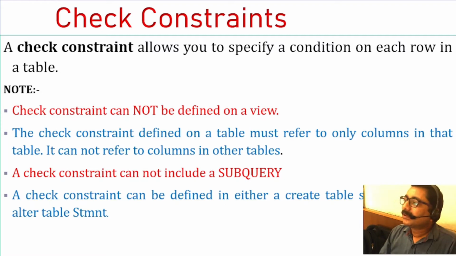Suppose I have a company and I have a variety of jobs to offer, and for a particular job, my company has decided to provide a minimum and maximum salary. Nobody can enter a salary which is less than the minimum or greater than the maximum. In that case, I can find a check constraint which will take care of it.